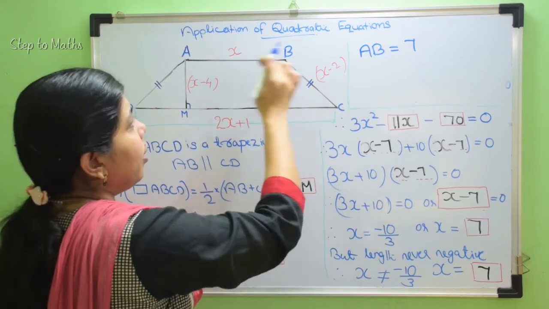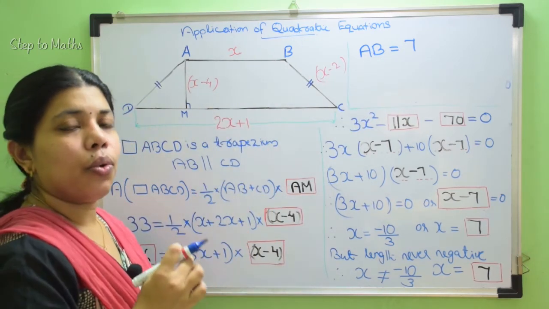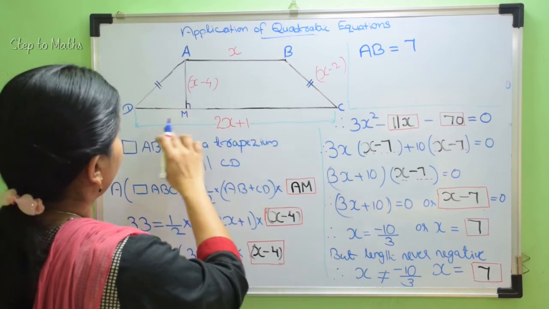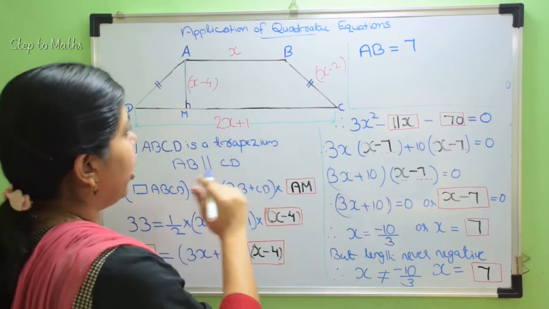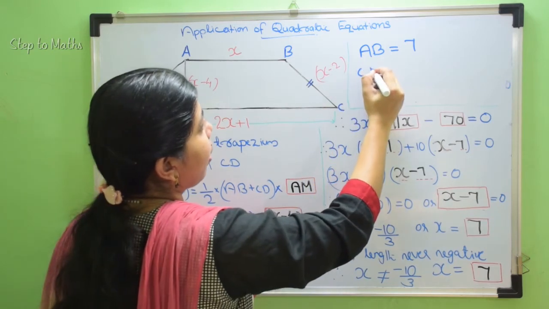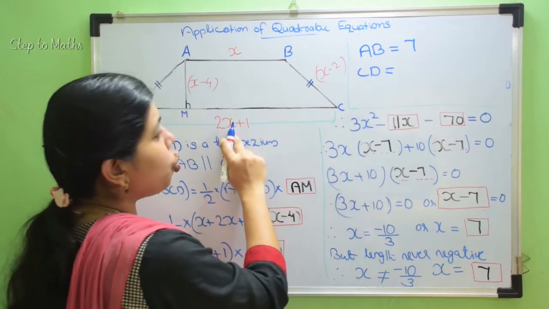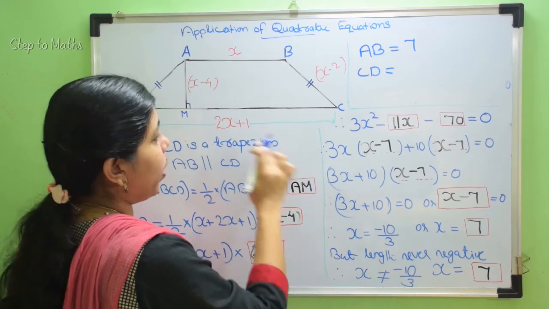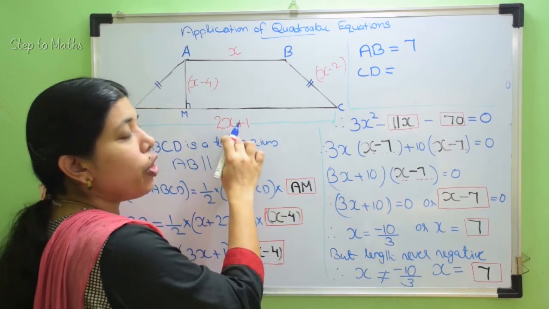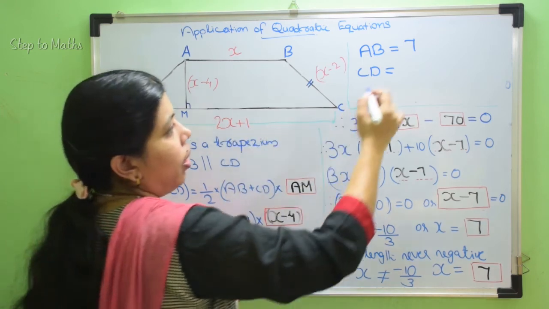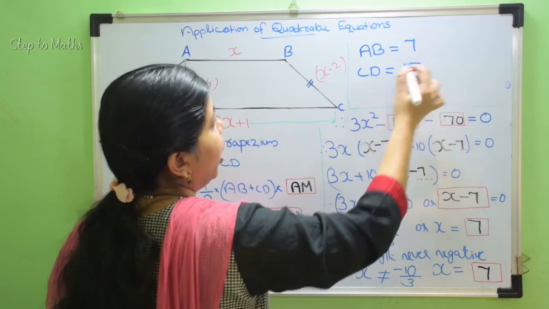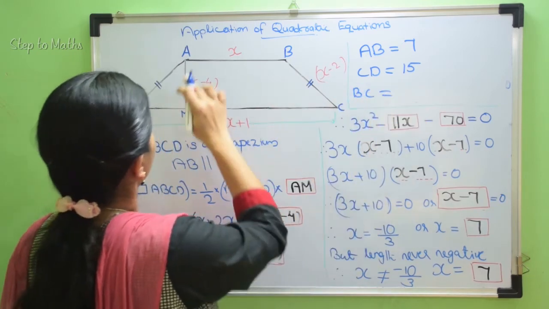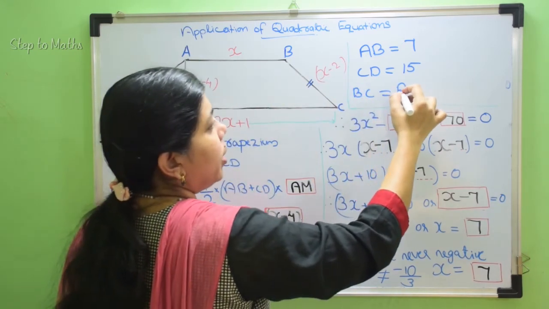Then using that value of x, we can find out the length of other sides. Next, CD. Length of CD equal to 2x plus 1. Here the value of x is 7. So 2x plus 1 is 2 into 7 plus 1 equal to 15. And length of BC equal to AD.